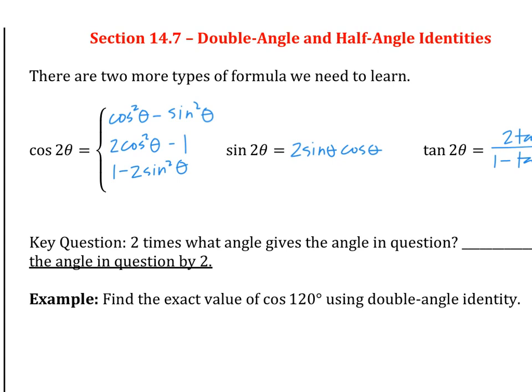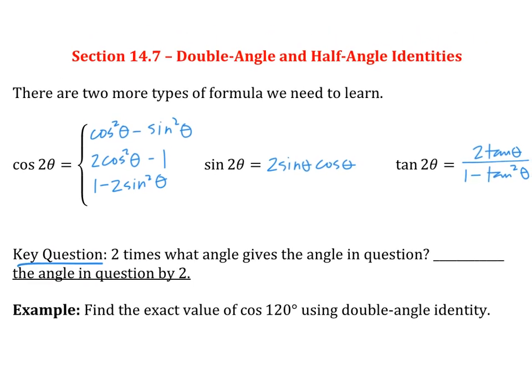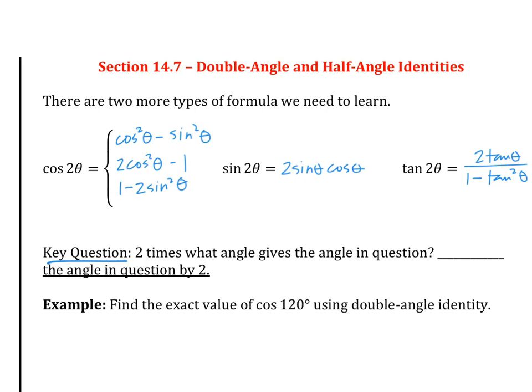The key question you should ask yourself when you see a problem, if you want to turn it into a double angle formula kind of problem, is: 2 times what angle gives the angle in question? Basically, you would divide the angle by 2.